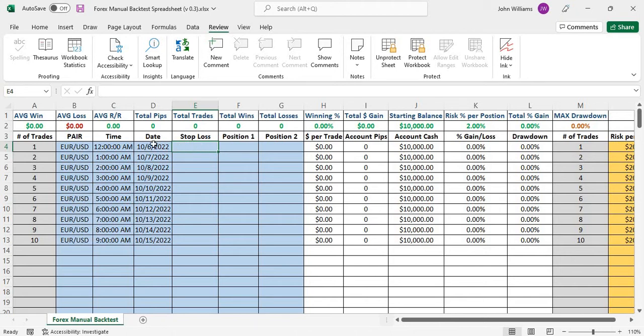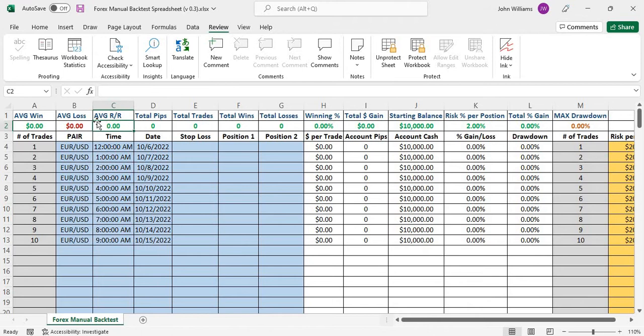But just before I enter that stop loss value, some of the data that was important to capture is the win average. I used a formula to calculate the average win, and a formula to calculate the average loss. I also used a formula to calculate your average reward based on risk, so your risk reward ratio.